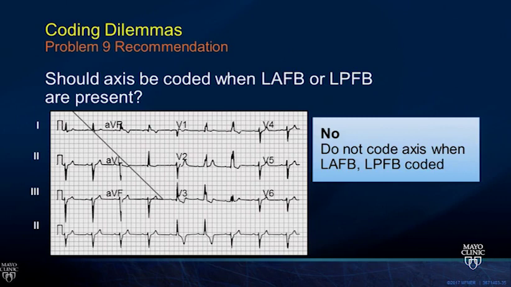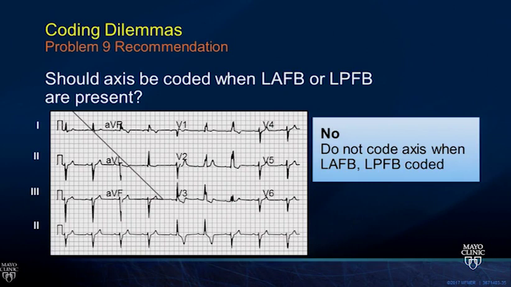I tend to think of it this way: if there's some pathology, like LVH, then I'll talk about axis, if it's shifted. If there's some pathology like conduction disease, then I'll go with the fascicular block, because we're talking about similar pathology. But that's still pretty subtle for what I think the boards would ask you to do.